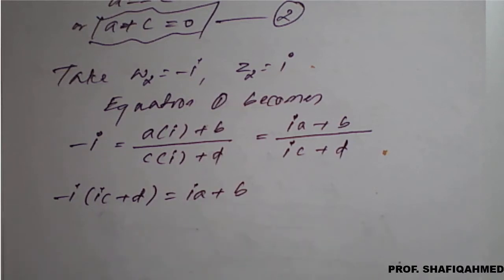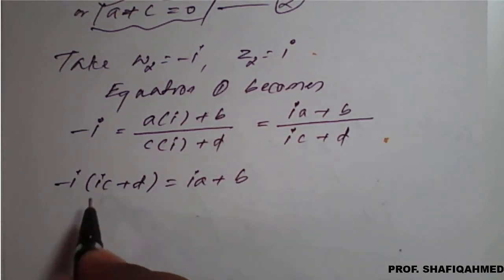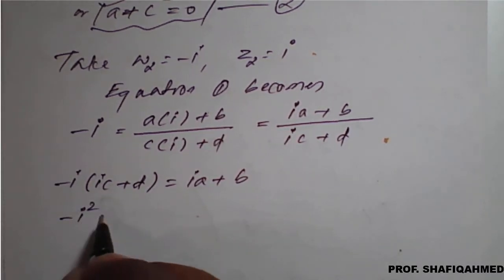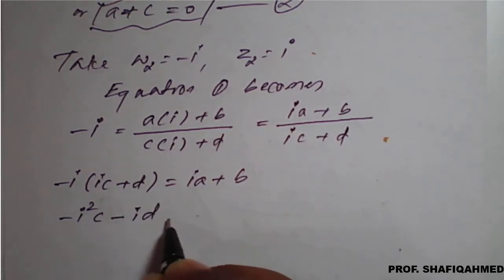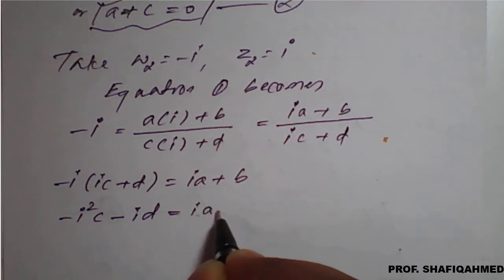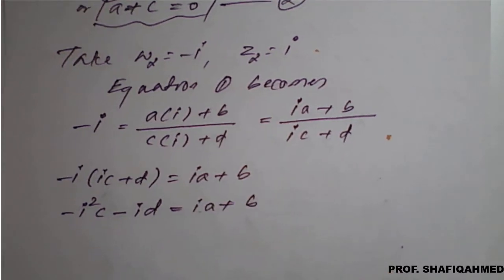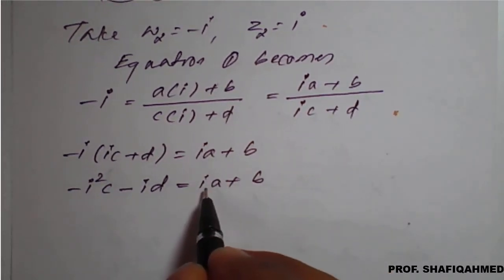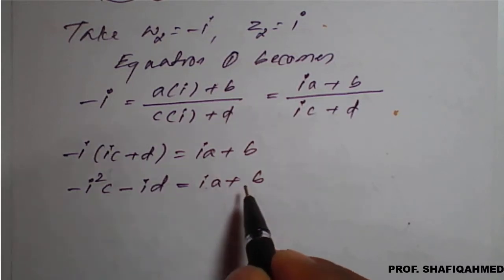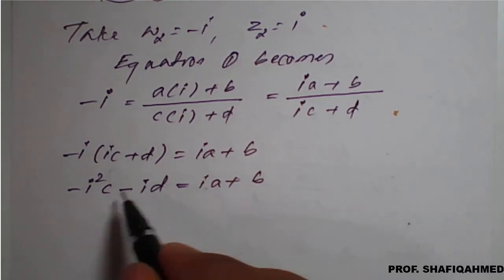So on rearranging or opening the bracket, minus i into i is minus i square of C, and minus into plus is minus i into D, that is minus iD, equal to iA plus B. On rearrangement, shift all of this to the right hand side.